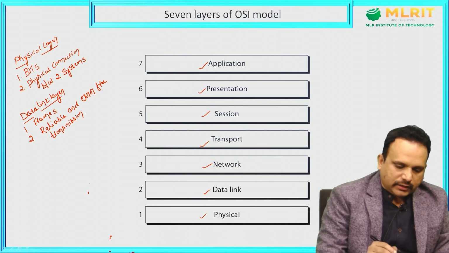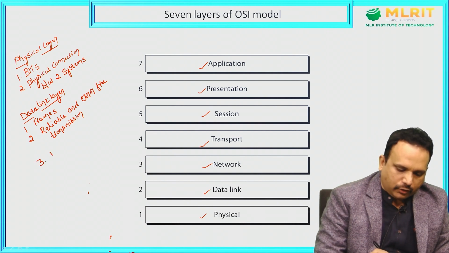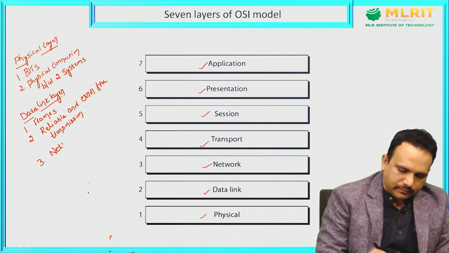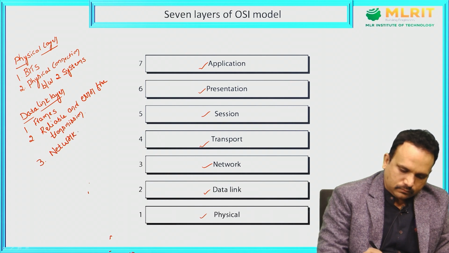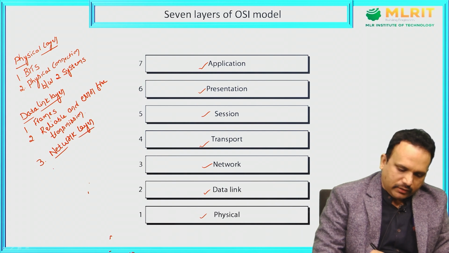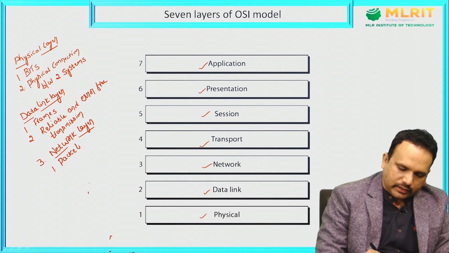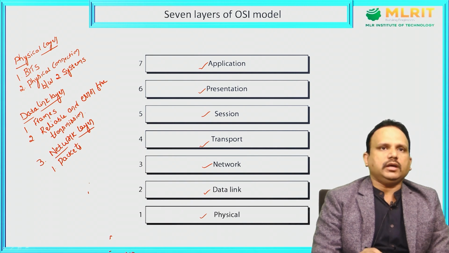The frames in the data link layer are converted into packets in the network layer. In the network layer, the data will be transmitted in the form of packets.